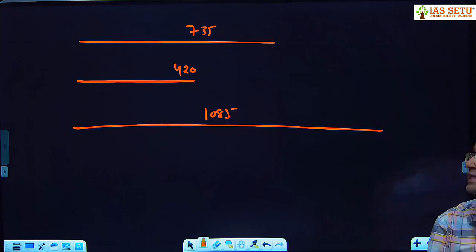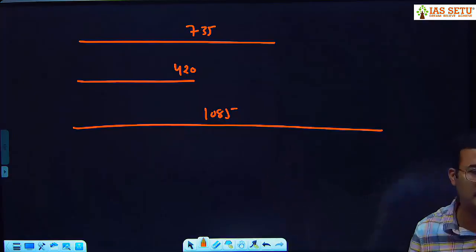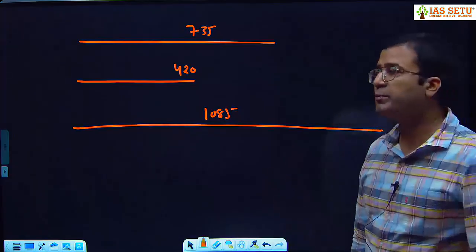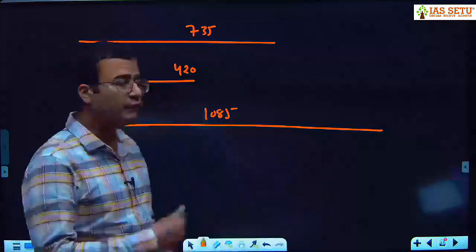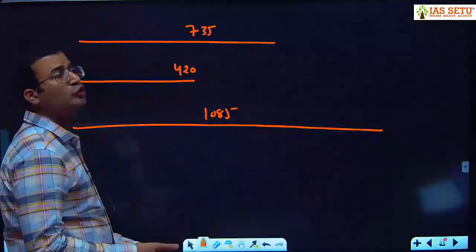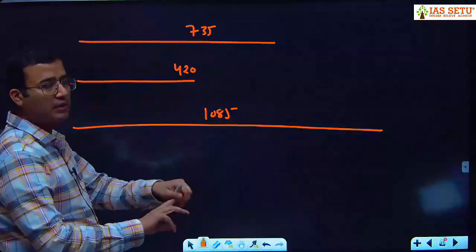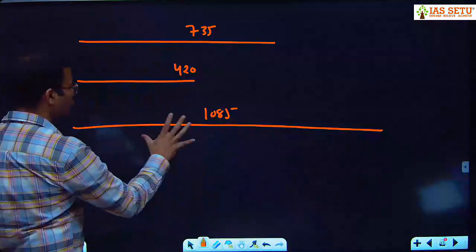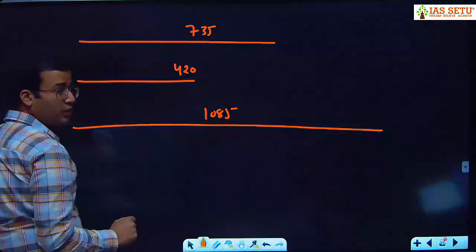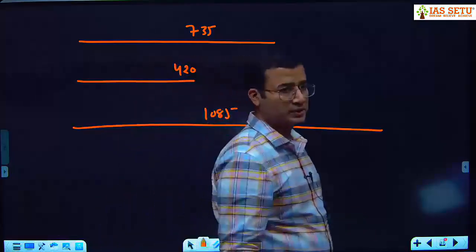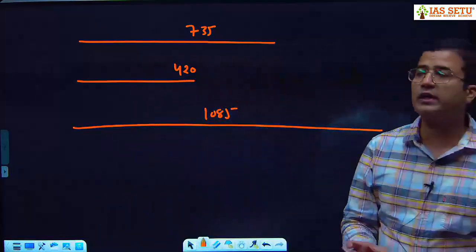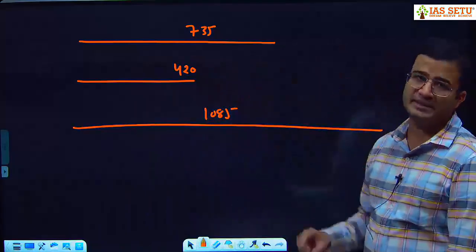Now here it is asked what is the greatest possible length which can measure these three lengths. It's like ancient times, in your childhood, when we didn't have any inch tape and we had to measure the length. You used to play the game of marbles, and we used to measure the length like this, with our steps. So we are looking for a length which can exactly measure this.